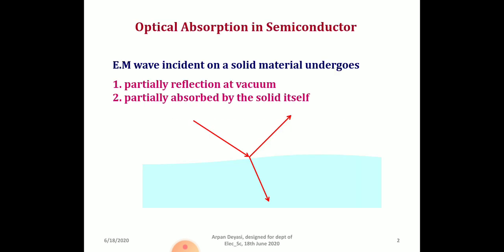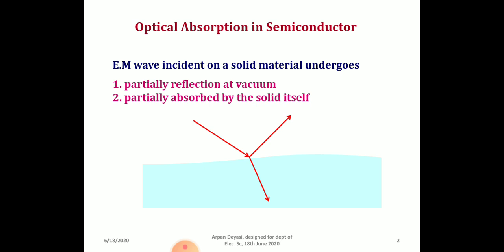I have started with a very simple structure which you have probably encountered in your school science or physics book, where you know the reflection and refraction properties of light, or better to say an electromagnetic wave, when it is incident at the interface of two media.